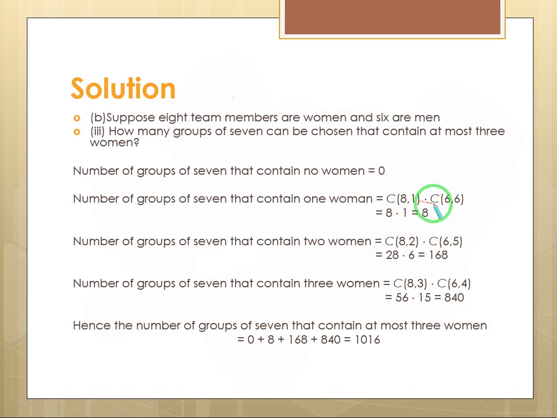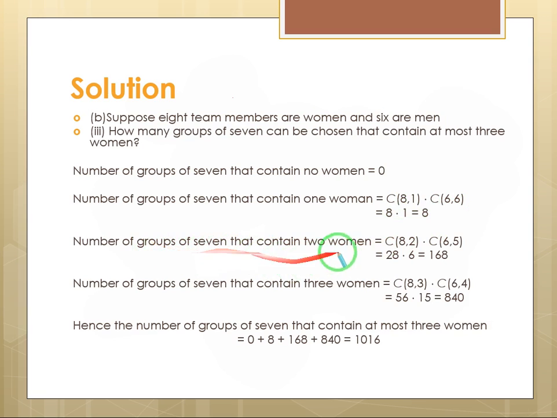Because we need a group of 7 people, the combination of men: the total number of men is 6, and we choose all 6, because 6 plus 1 is 7. So this is your answer.